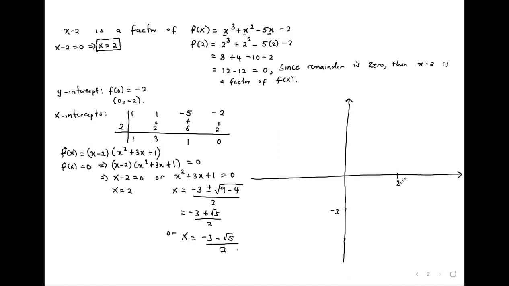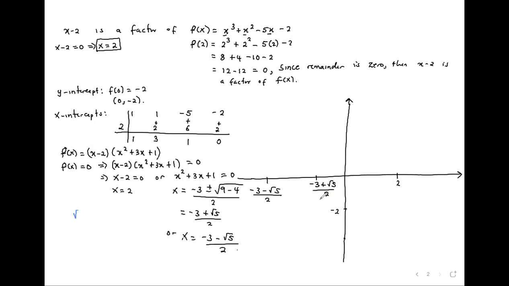We also have -3 plus root 5 over 2, and then we have -3 minus root 5 over 2. There's always a question of how do I know that this part here is negative or positive?